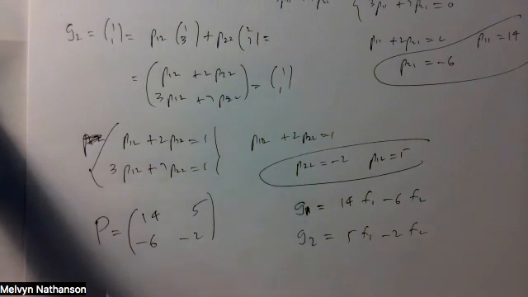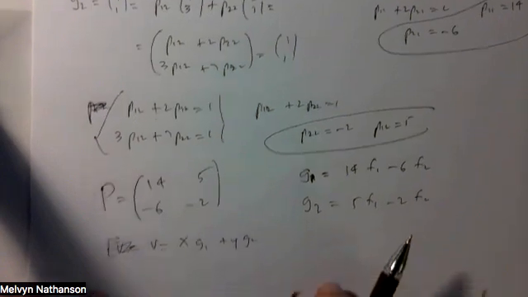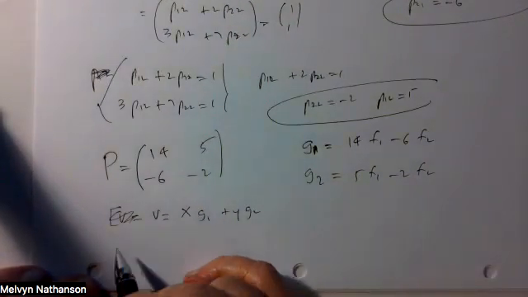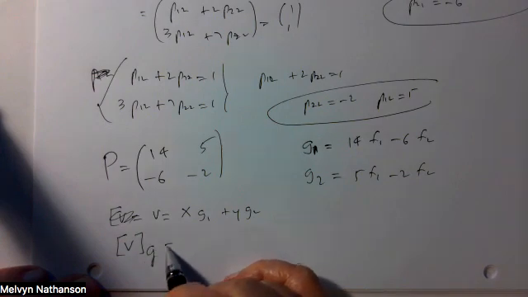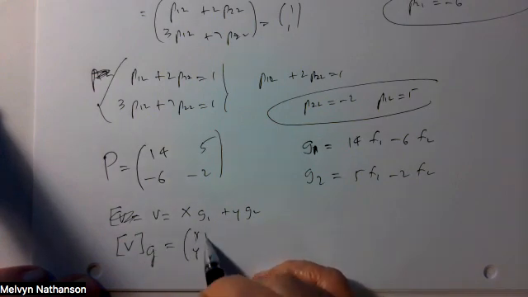So suppose V is a vector x times G1 plus y times G2. The coordinate vector for V with respect to the basis G is the vector xy.